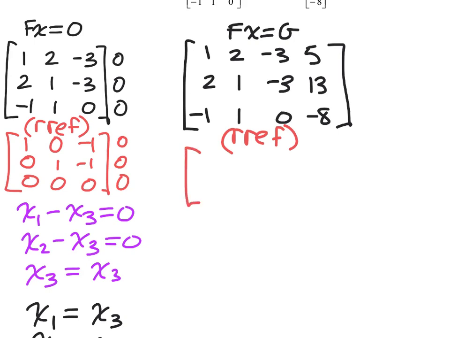So we're looking at 1, 0, -1, 7, 0, 1, -1, -1, 0, 0, 0, 0.